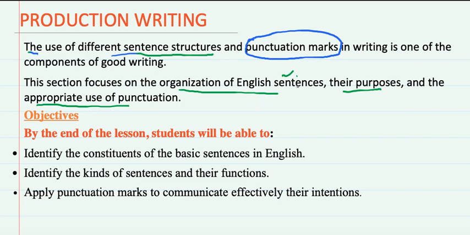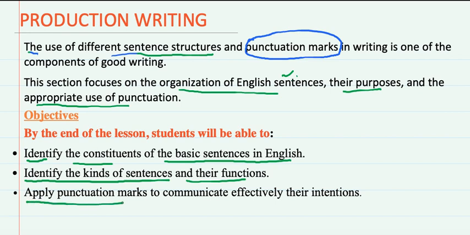So what are our objectives? By the end of this lesson, students will be able to: 1. Identify the constituents of basic sentences in English. 2. Identify the kinds of sentences and their functions. 3.